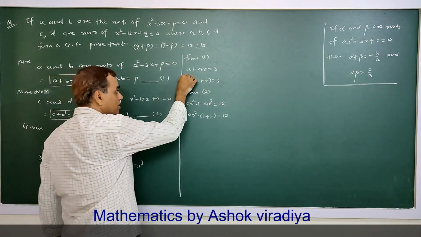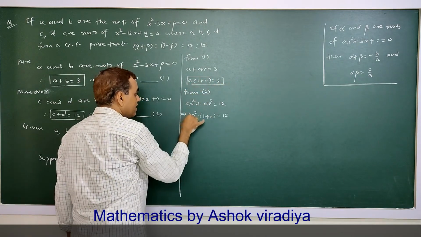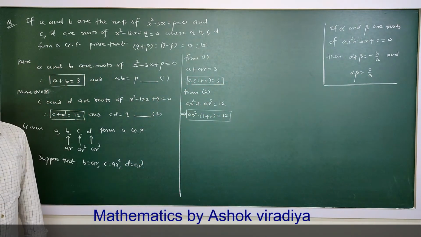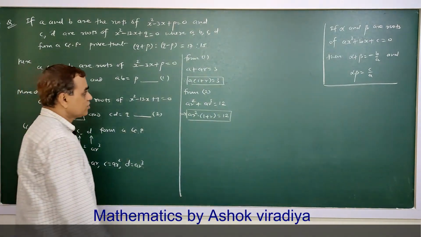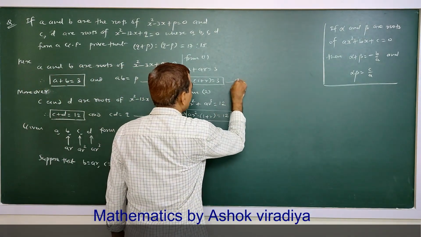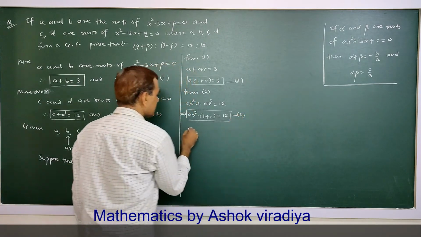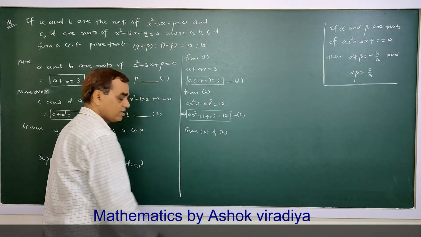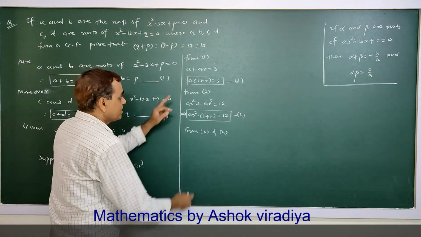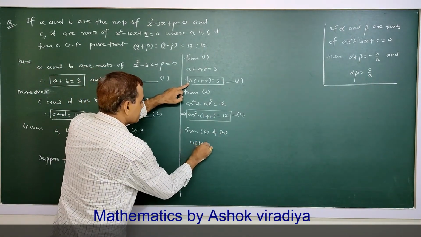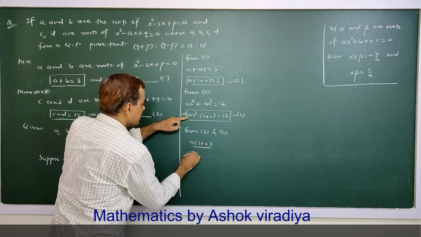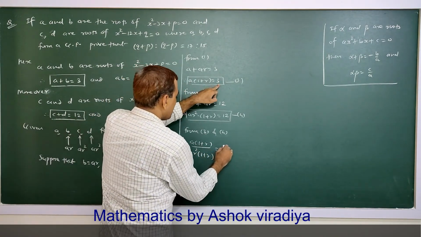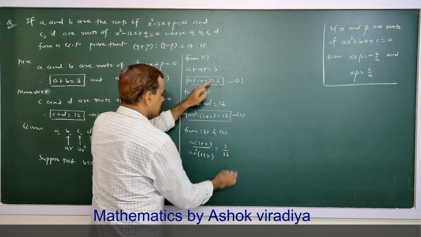Now here we are taking the ratio of these two equations, from 3 and 4. See here, LHS upon LHS equal to RHS upon RHS.